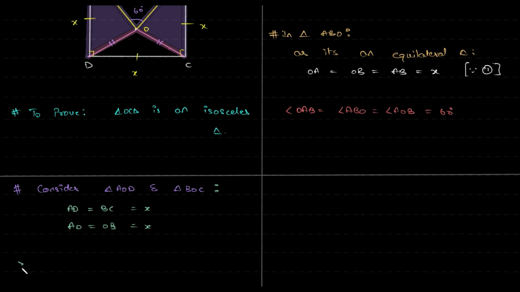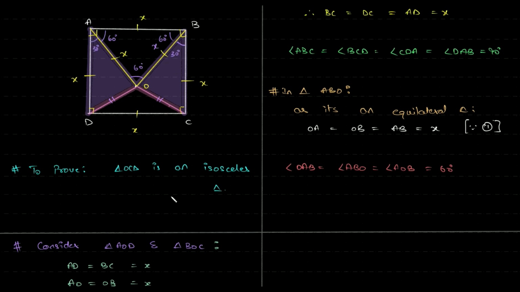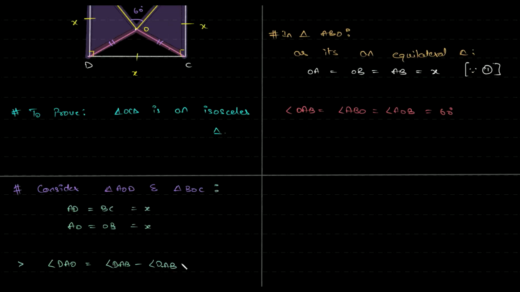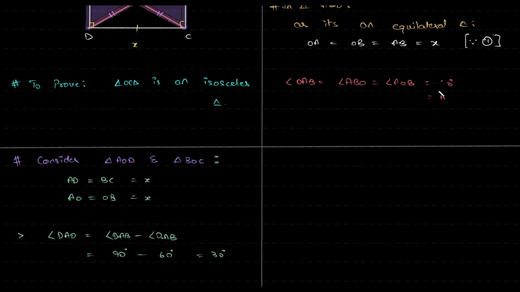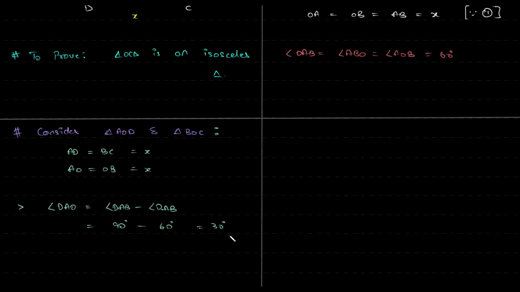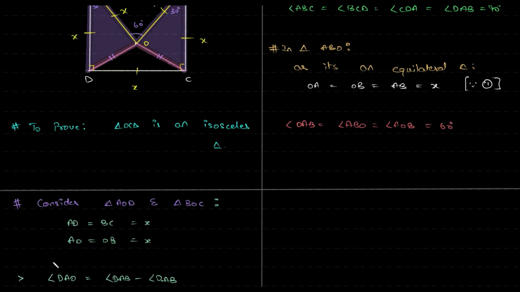So the next step is angle DAO, which is equal to angle DAB minus angle OAB. This in turn is 90 minus 60, which is 30 degrees. We have written everything, don't worry. We have written that this is 60 and this is 90. So on substituting, 30. You don't have to explain more. That's good enough.